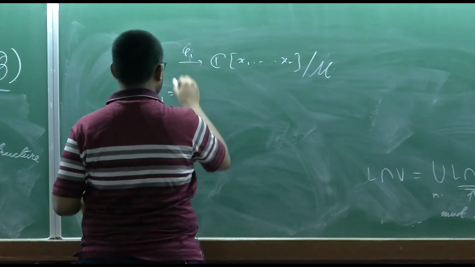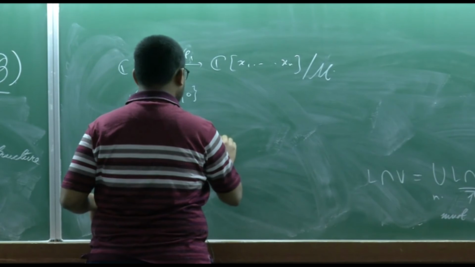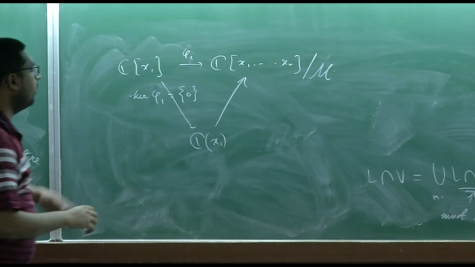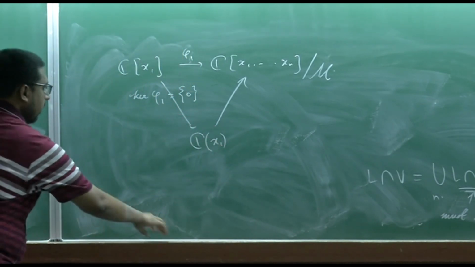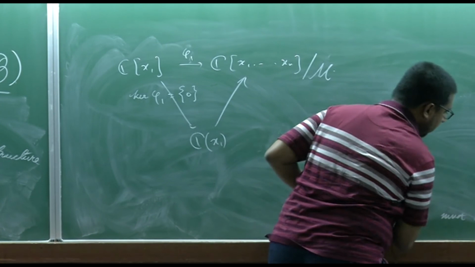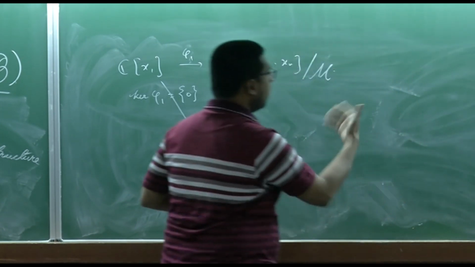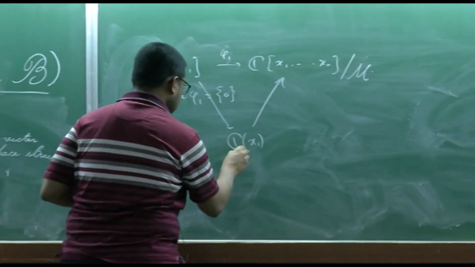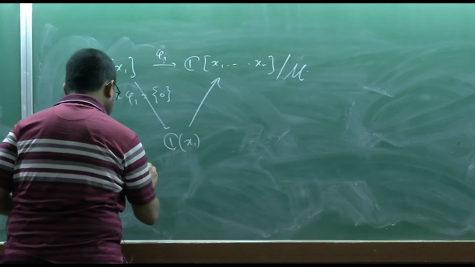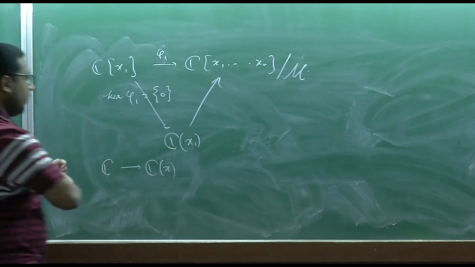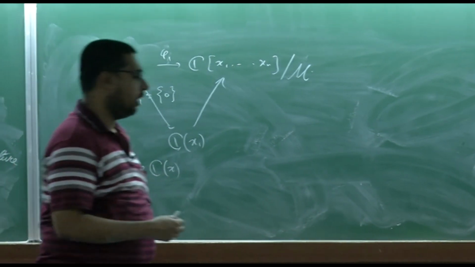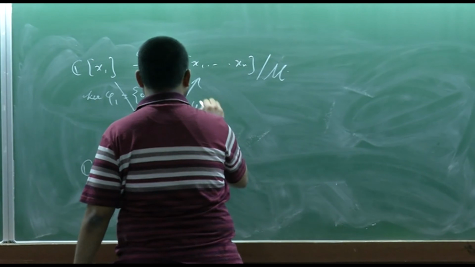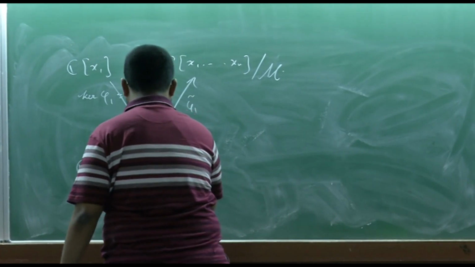Then this extends to a map from the field of fractions. Therefore this contains a subfield isomorphic to C(x_1), the field of fractions of the ring in one variable. And from C to C(x) we have the very natural inclusion: every constant function is viewed as a constant rational fraction.